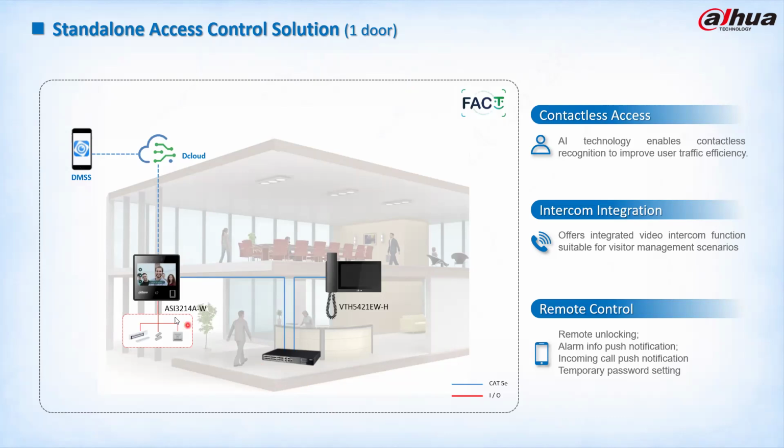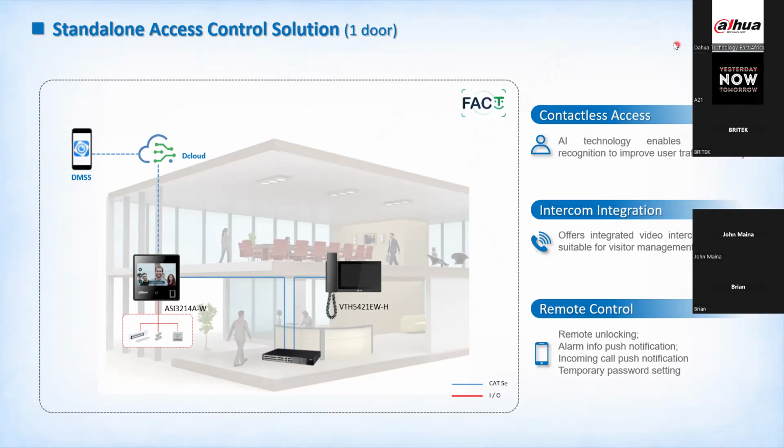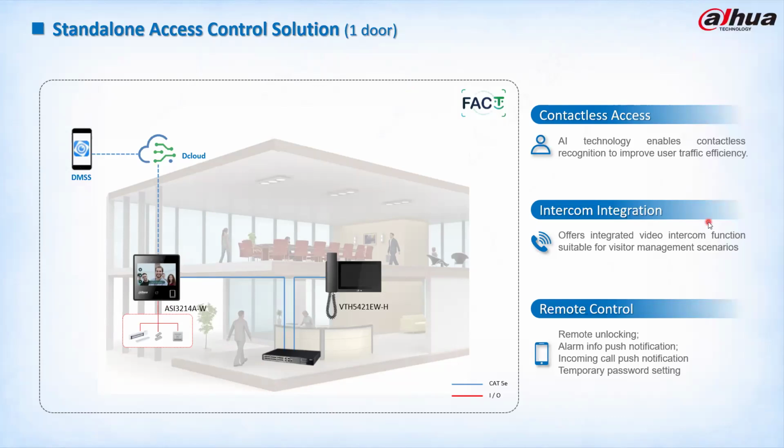At the same time, this device can be used for what you call visitor management through the intercom function. If someone is here and uses the call function, the call will be taken to the intercom monitor, whereby someone within can open the door for you.